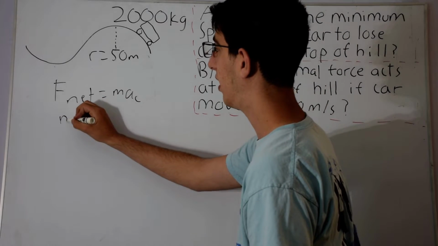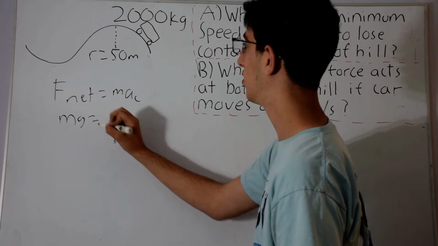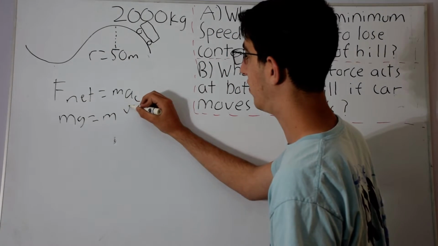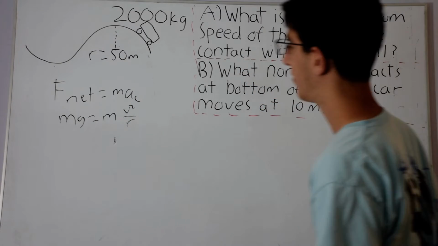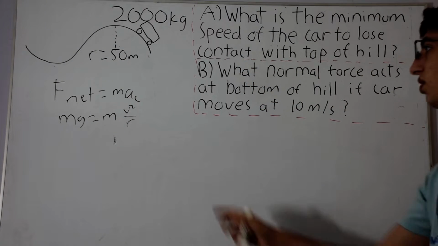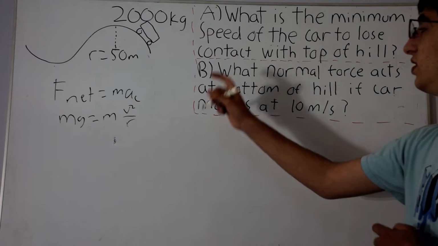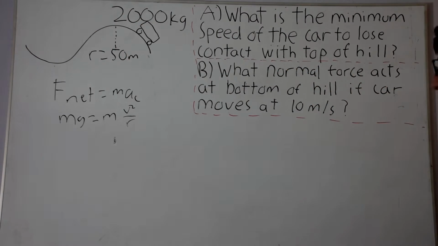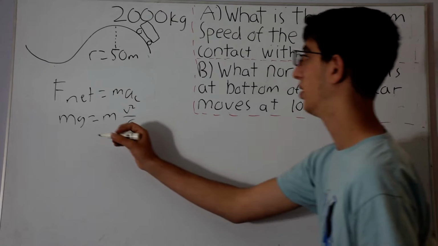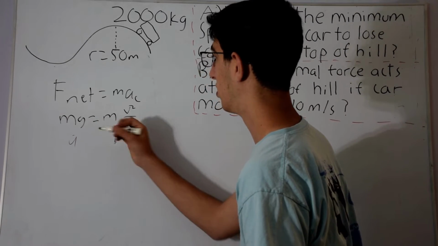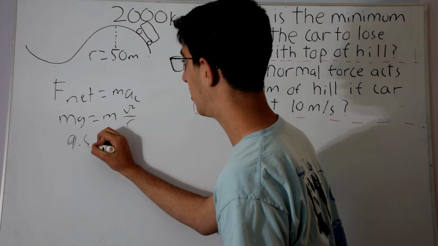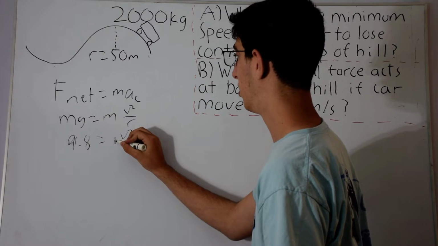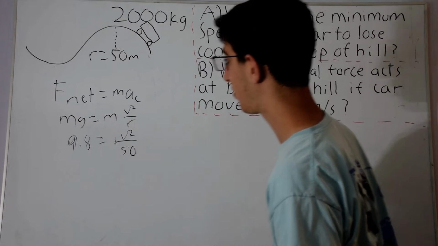So, mg equals m, and a_c is just v squared over r. And as we've discussed, the radius of the car's motion is going to be 50 meters, because it's just going to graze above the top of the hill. So we can cancel out m, and we can put in the numbers: 9.8 equals v squared, which is our variable, over 50.